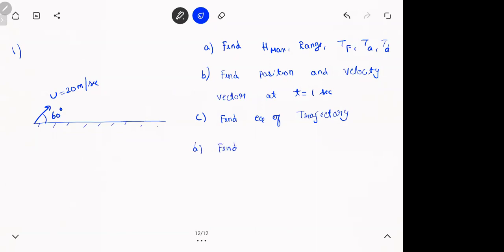Find speed at H max. Find time when it makes an angle 45 with the horizontal. Get them. All are formula based. Whatever formulas I wrote, it is all based on that only.